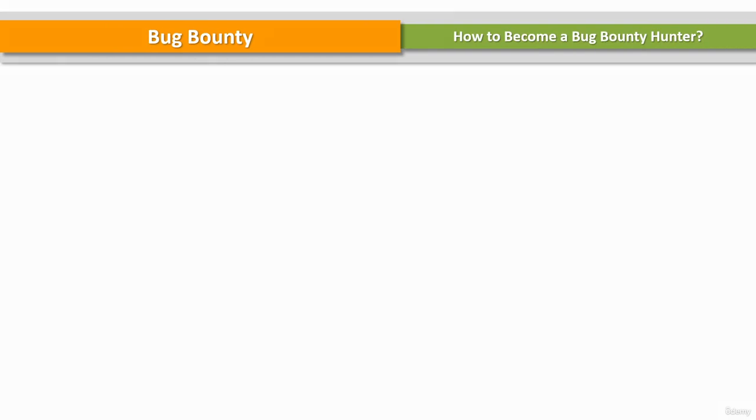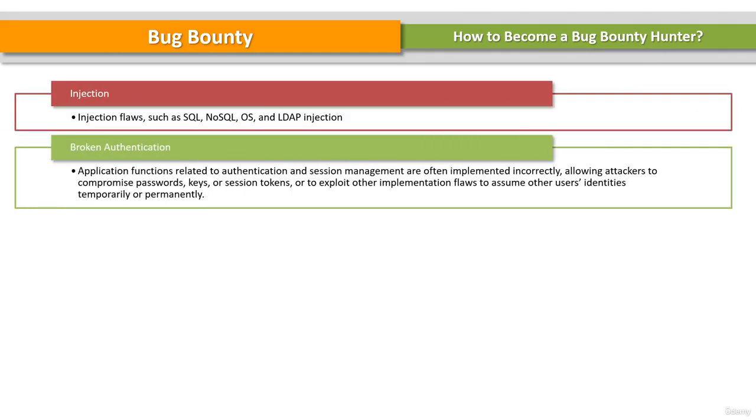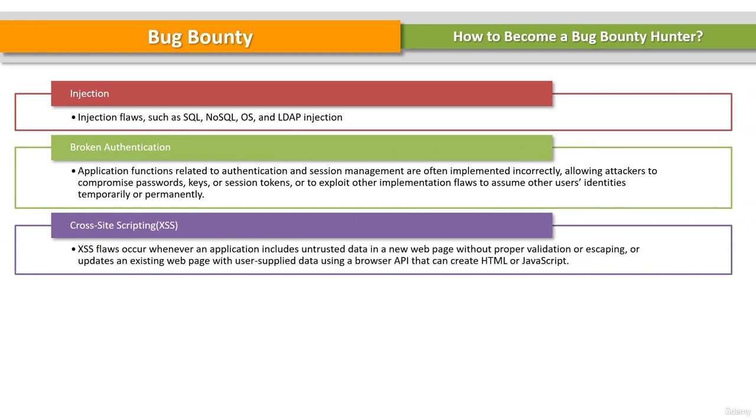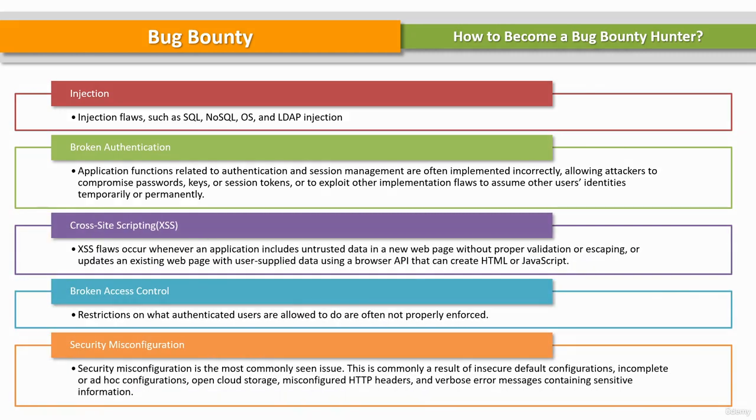So to become a bug hunter, well, the crucial aspect is to learn about web application technologies and mobile application technologies alike. So these are the things that are going to kickstart your career as a bug bounty hunter. Now, apart from knowing about some technologies, you also should be aware of the vulnerabilities that are commonly used, like injection, broken authentication, cross-site scripting, or XSS, broken access control, security misconfiguration, and the like.